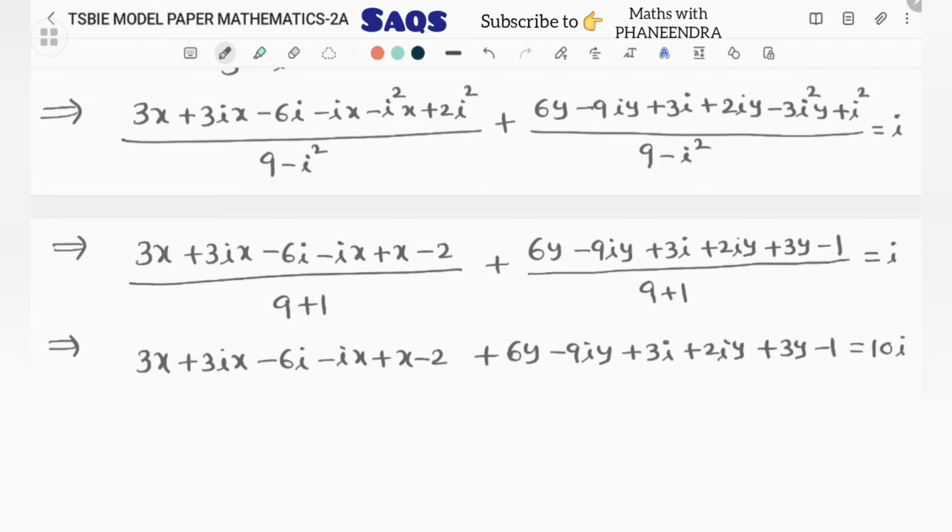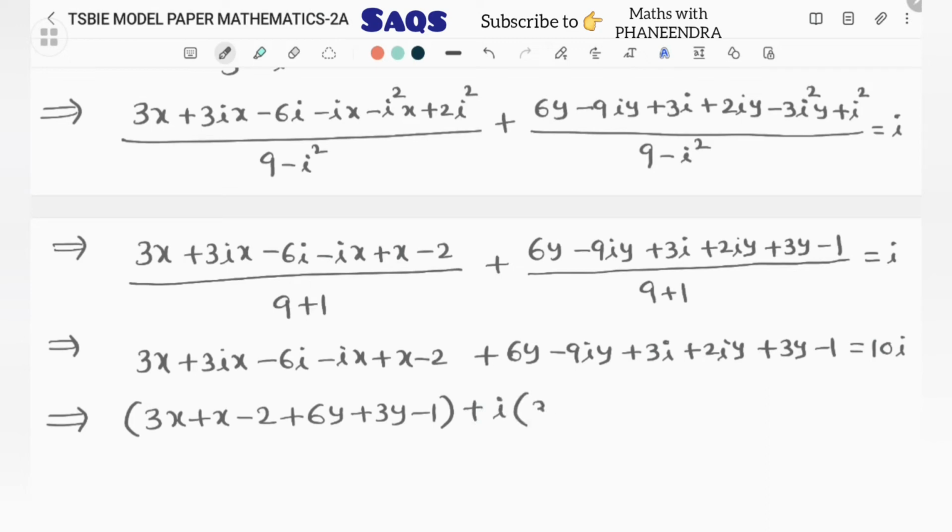Now in LHS, the terms containing i and not containing i, write one side. So 3x plus x minus 2 plus 6y plus 3y minus 1. So these are the terms not containing i, plus the terms containing i I am writing.